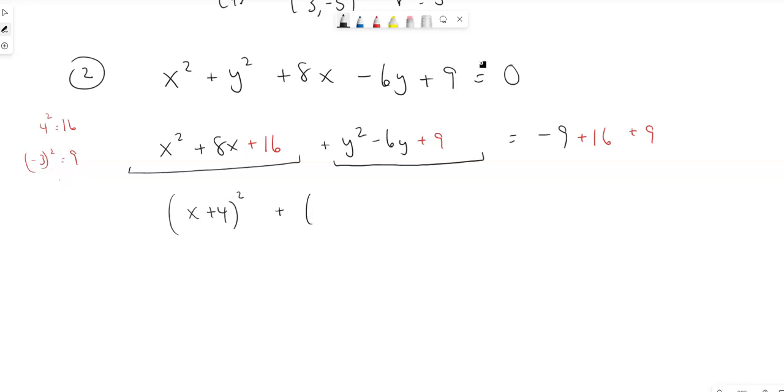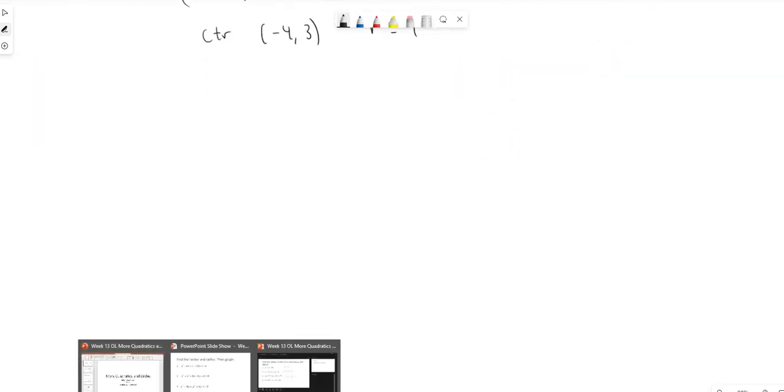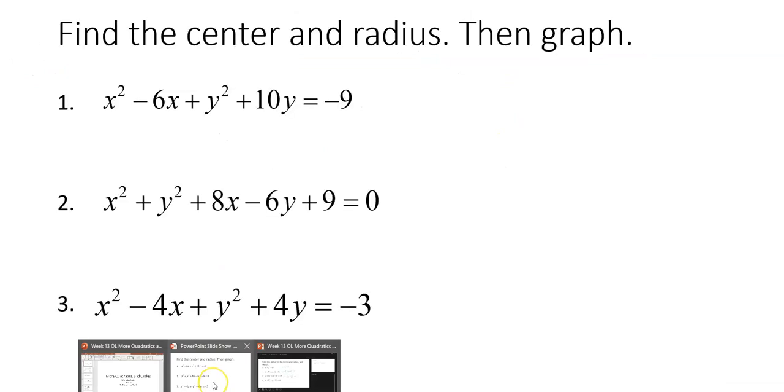Over here, the minus sign before the 6 tells me it's going to be y minus half of 6 squared. And on the other side, I get 16. Now that it's in this form, I can find my center. My center is negative 4, positive 3. Radius is 4.